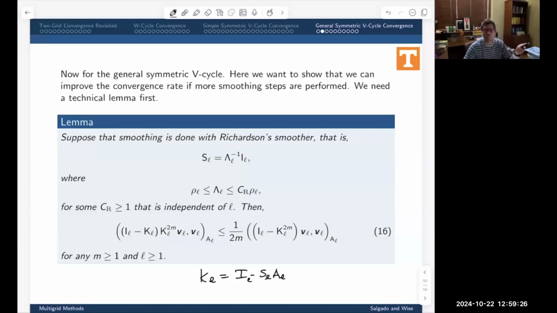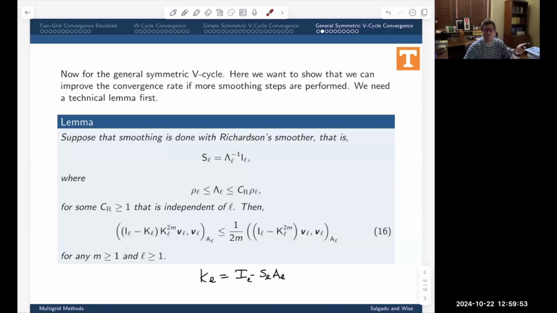That's what appears in these locations. And of course, I minus that is just equal to S_L. In any case, if I see this matrix, then I can replace it by effectively 1 over 2m times this matrix, and everything else stays the same. It's the same inner product and the same vectors appearing on both sides.